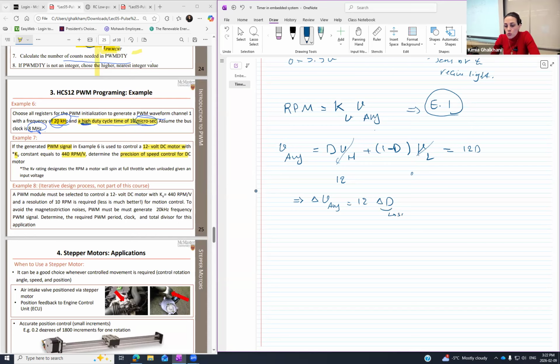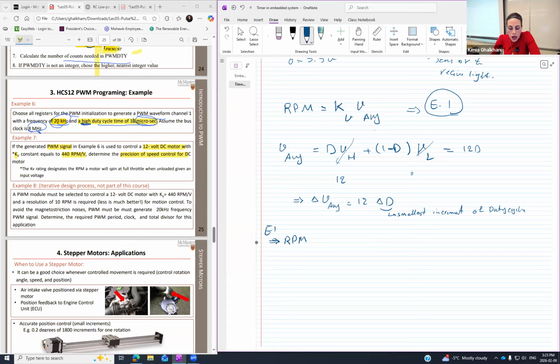This one is my smallest increment of duty cycle, right? Now, I can say what is my RPM now because I have that one. RPM, remember this is my equation 1 from the E1.